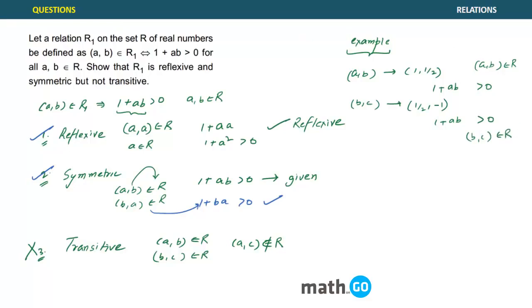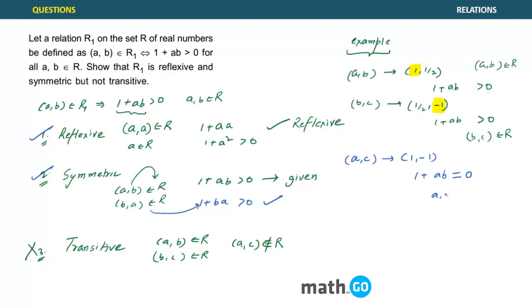Then you need to find transitivity, right? For transitivity, you will check a comma c. So what will be a comma c now? A comma c will become 1 comma minus 1, because just see that a is 1 and c is minus 1. So this will be 1 comma minus 1. So what will be the value if you just put it here? Now this will not be greater than 0. It will become equal to 0.